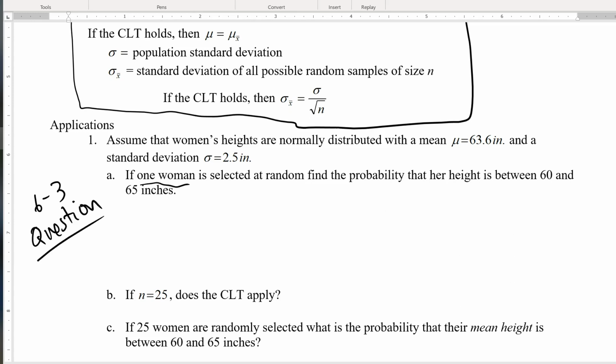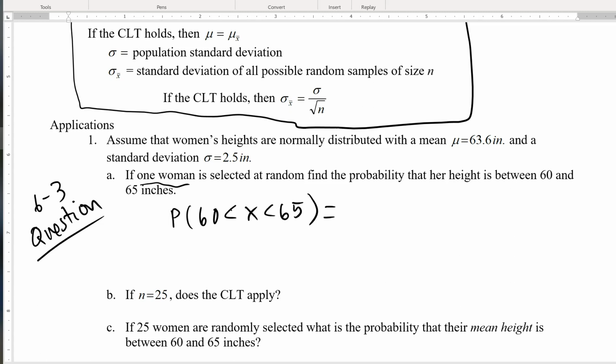Well, we are dealing with an individual. See, in 6-5, we're doing the probability of groups. This is saying the probability of one person of X is between 60 and 65. Okay, we've done this already.